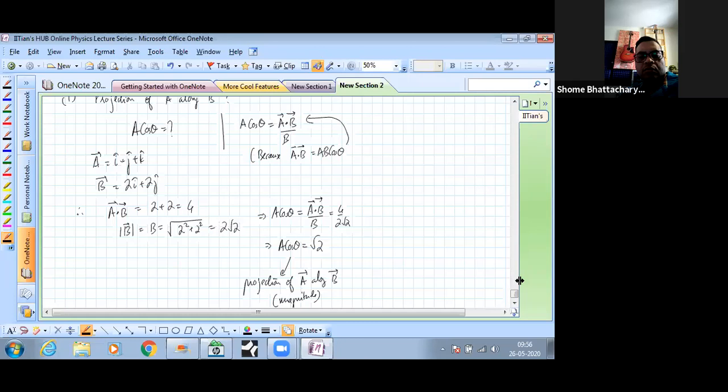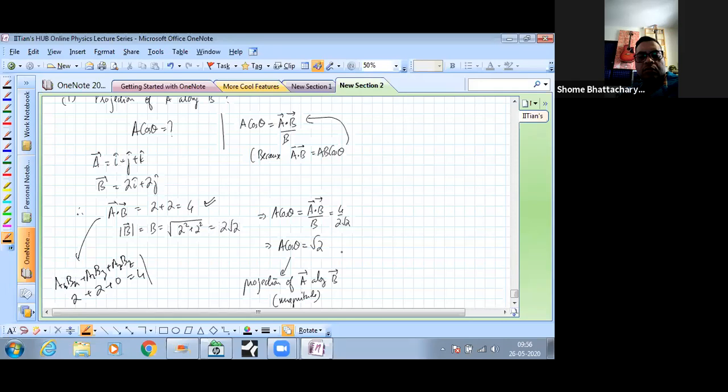A cos theta is A dot B divided by mod of B. I have shown you here why A dot B's value is 4. What is A dot B? It is Ax bx plus Ay by plus Az bz, so its value is 2 plus 2 plus 0. That's 4. That's how we got this. So it's 4 by 2 root 2, which is nothing but root 2.